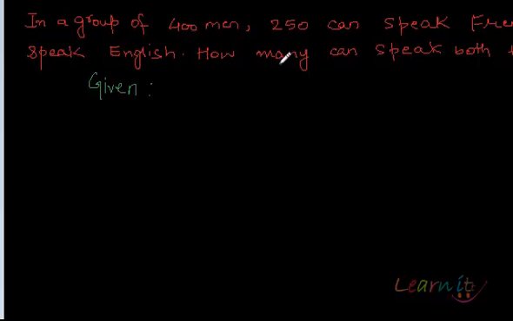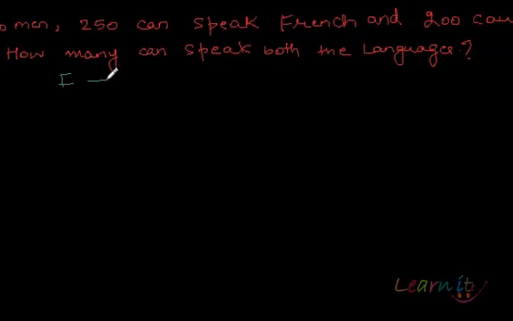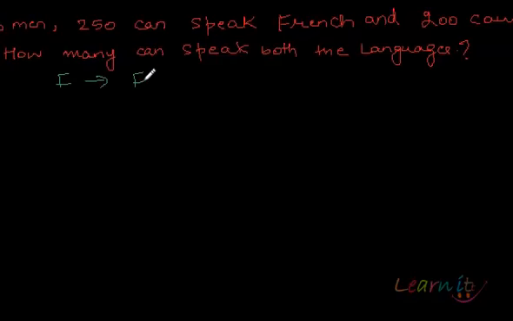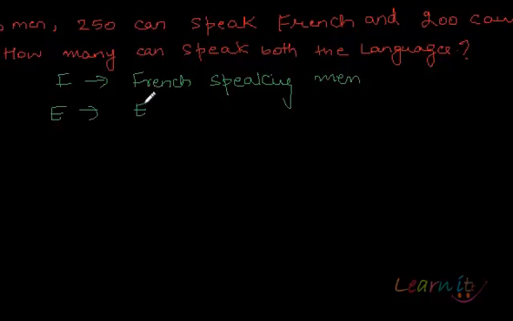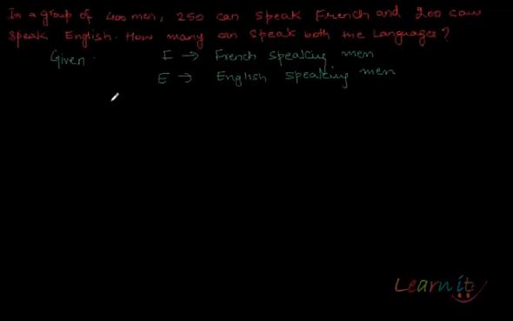Essentially, say F represents French speaking men, and E is English speaking men.